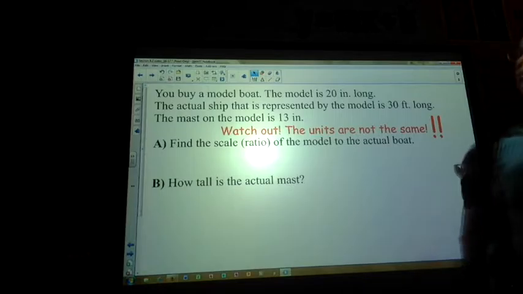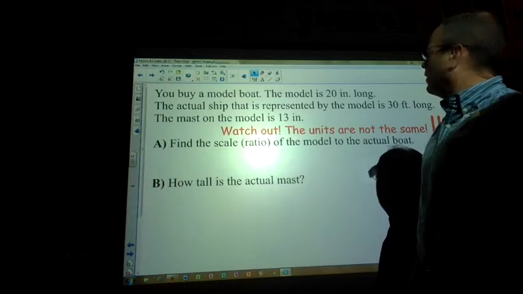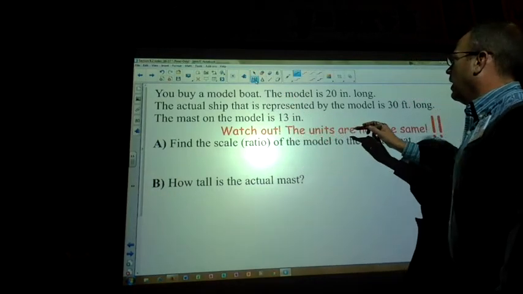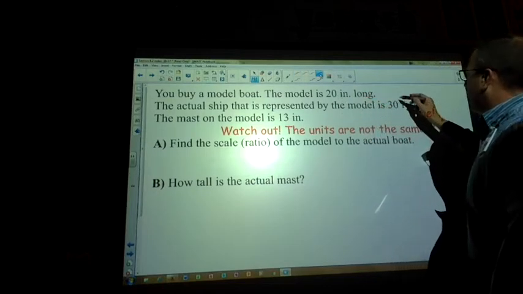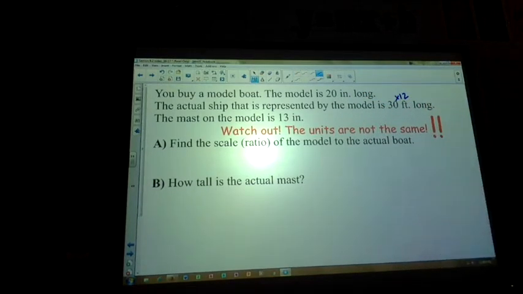All right, should we convert inches into feet or should we convert feet into inches? Feet. All right, so if I multiply this times 12, 30 times 12 is how much? 360. So 360 inches is the same thing as 30 feet. Still with me?